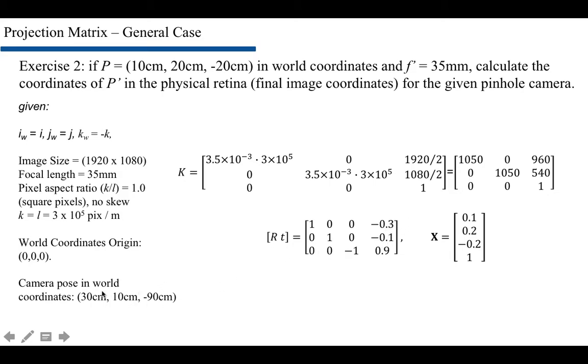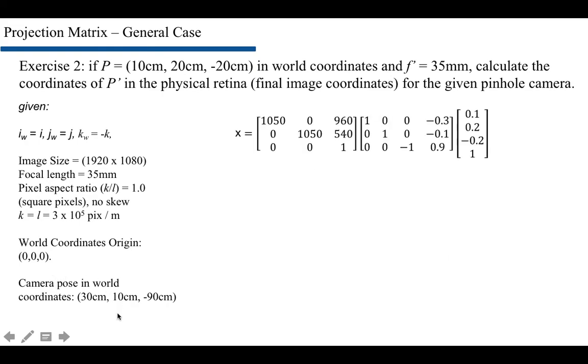We need to put minus 0.3 in meters, minus 0.1, 1 decimeter, and 0.9, because we're referring a point in the world coordinate system into the camera coordinate system, and the data that we have is the opposite. The world coordinate system is 0, 0, 0, and the camera was referred to this, so we need to do the inverse translation.